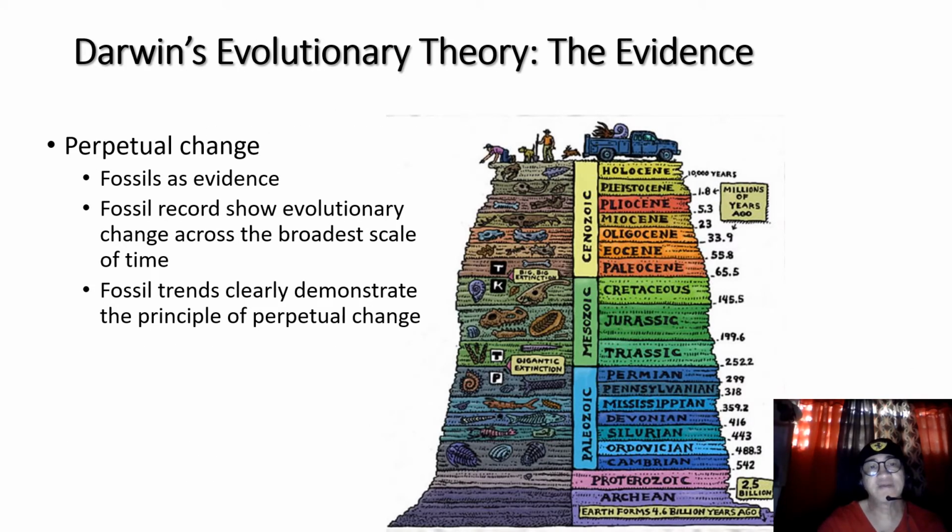Another major declaration or statement of Darwin's evolutionary theory is that living organisms are in perpetual change, and fossils provide the evidence to this.